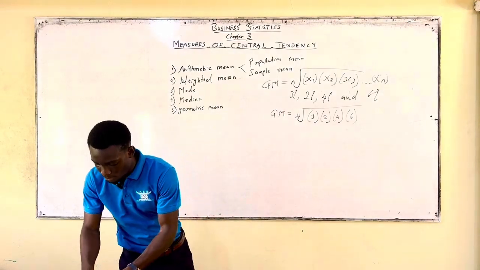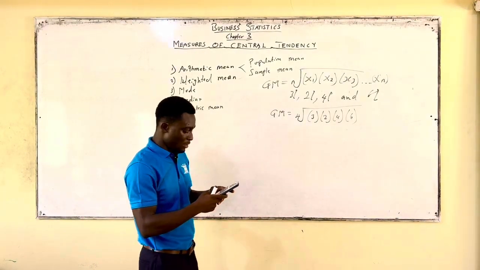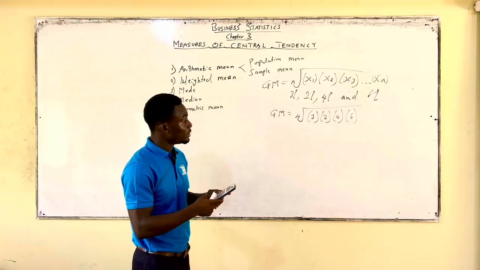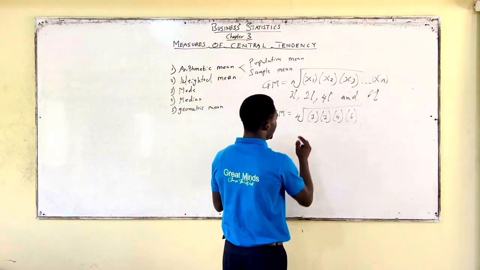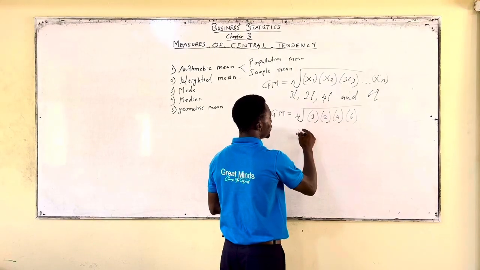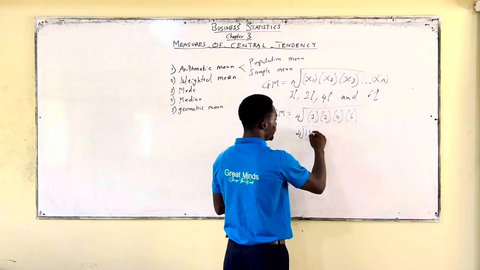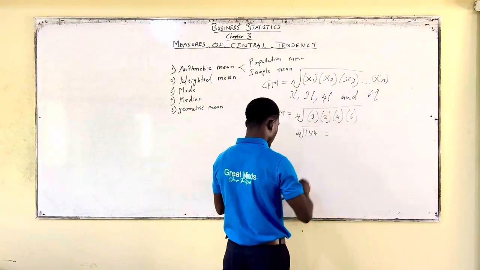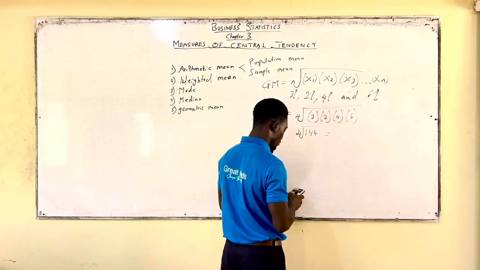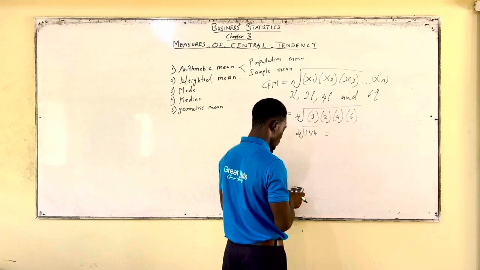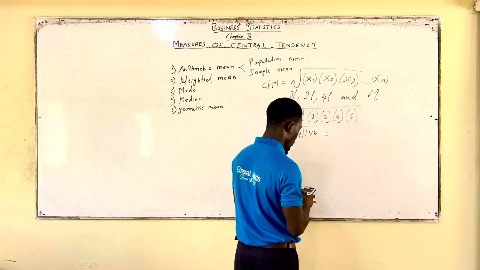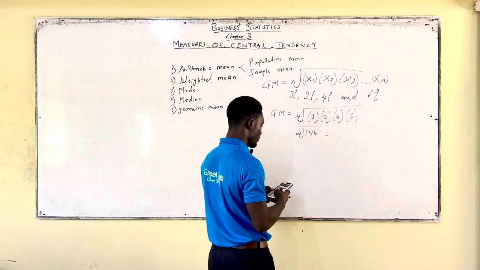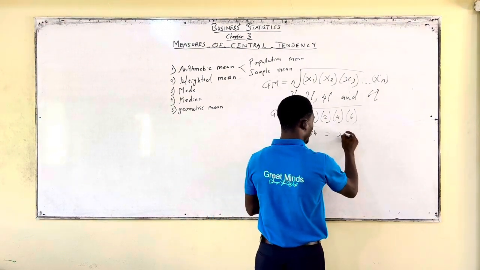Are we together? So 3 times 2 times 4 times 6 is going to give us the fourth root of 144. And the fourth root of 144 is what?